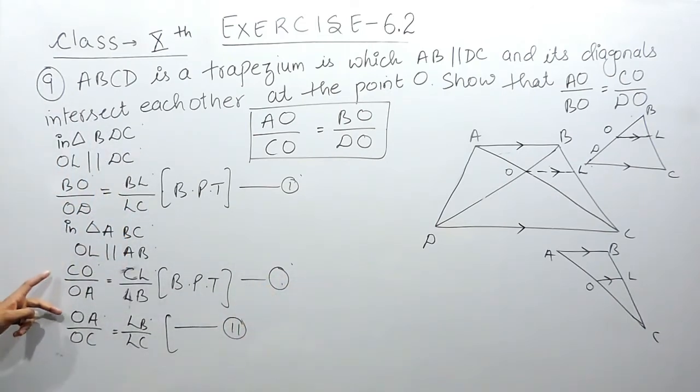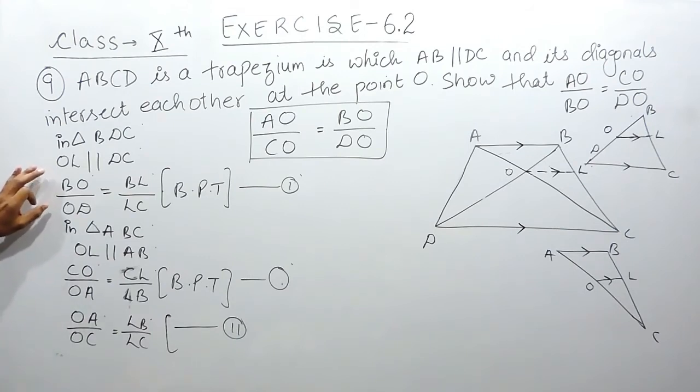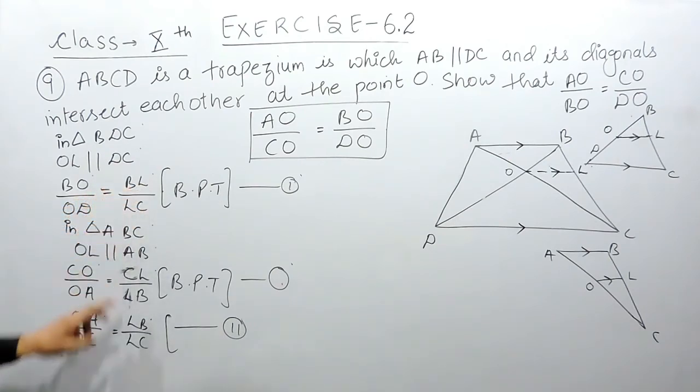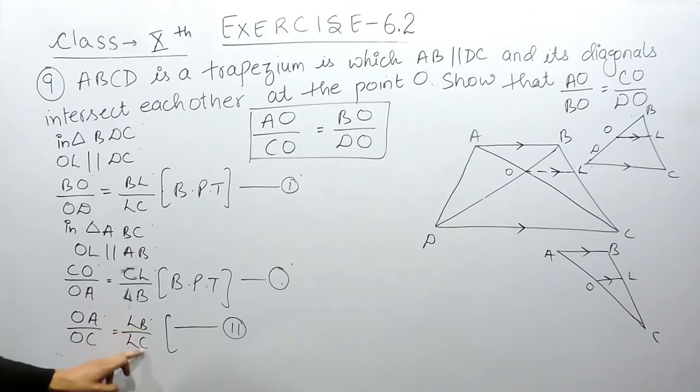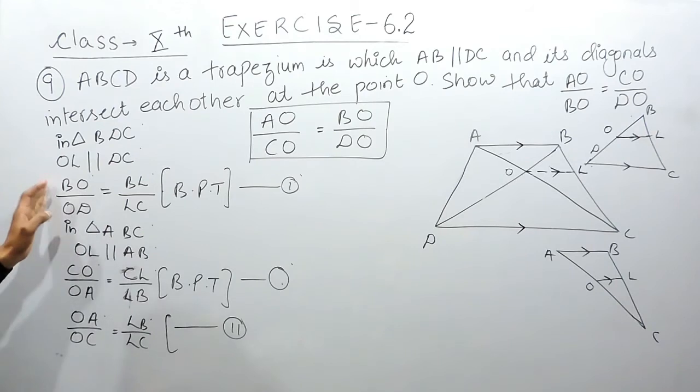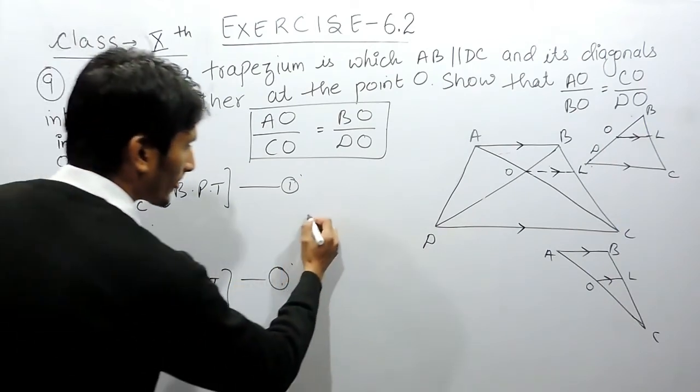Now if I compare equation first and equation second, in that case this BL upon LC are the same. So if the right hand sides of the equations are the same, clearly the left hand sides must also be equal.